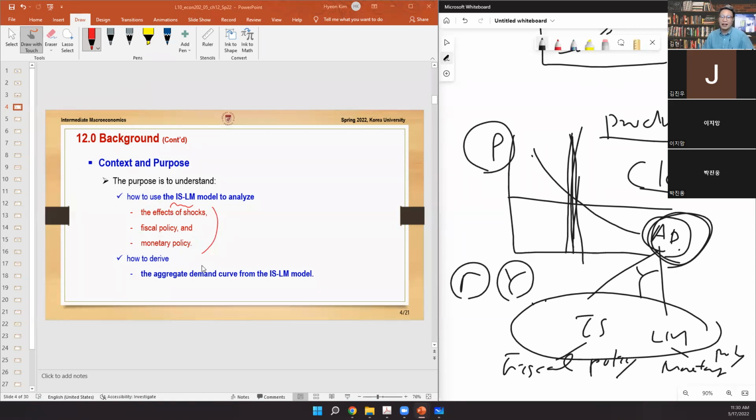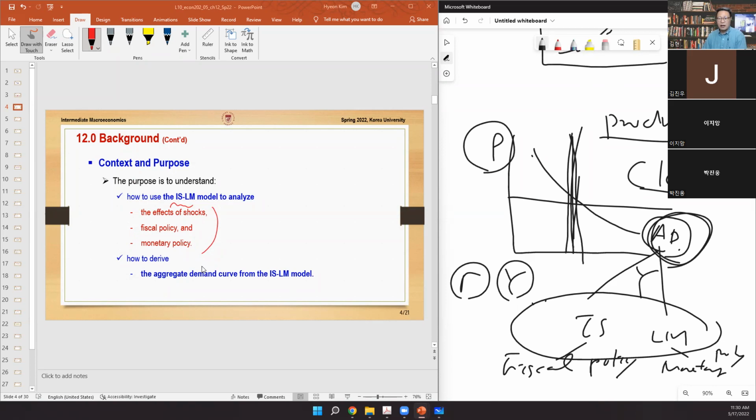And then I have my own position. That's why I didn't decide whether it is required or useful for your understanding, because it looks like a mixture between them. So in chapter 12, I'll first contain just the technical part: how to derive the aggregate demand curve from the IS-LM model, and the basic operation for analyzing policy effects.